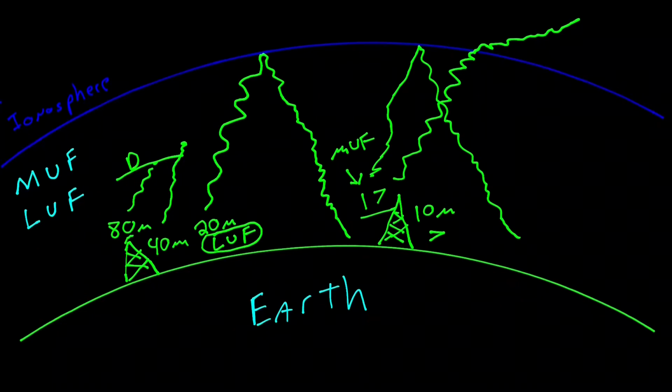So anything lower than the lowest usable frequency is going to get absorbed in the atmosphere. Anything higher than the maximal usable frequency will penetrate the ionosphere, be refracted, and go off into space. Everything else between the LUF and the MUF will work just fine and bounce off the ionosphere, and you should have good luck with DX communication.